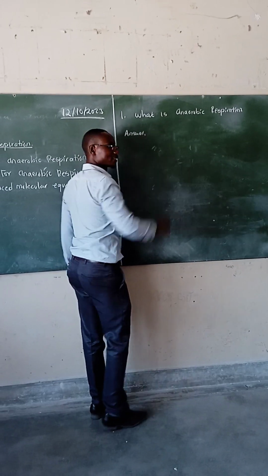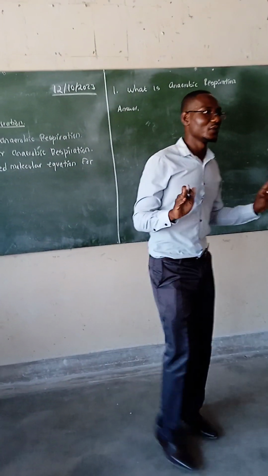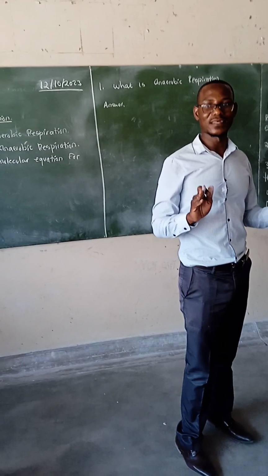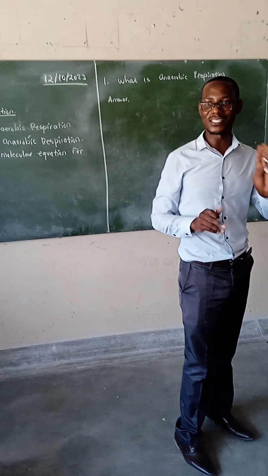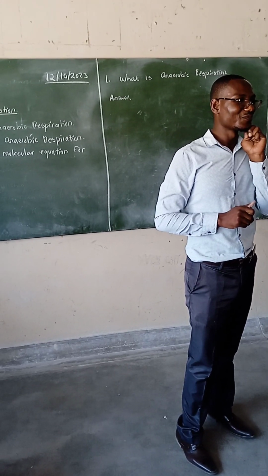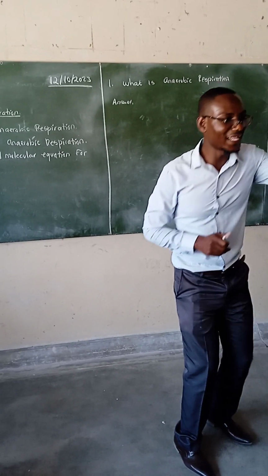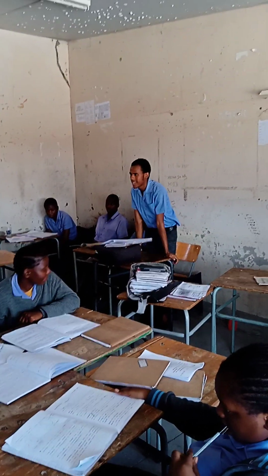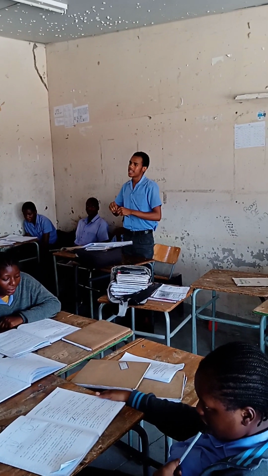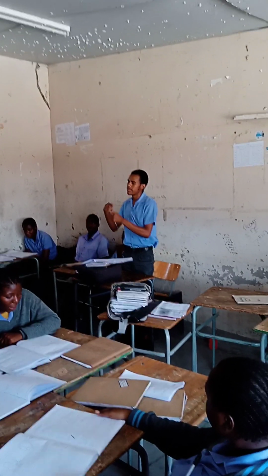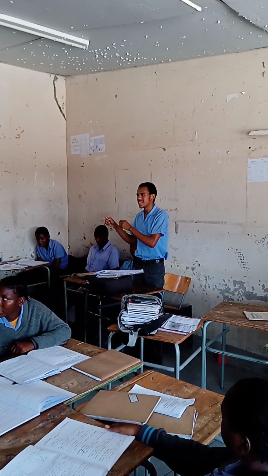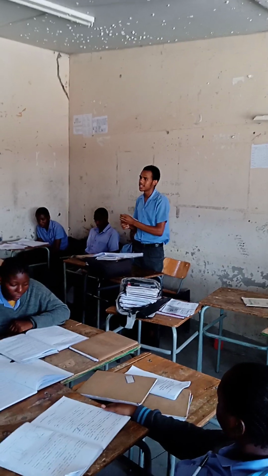For us to be able to answer this, it's very simple. Let's go back to the lesson of yesterday. Yesterday we said aerobic respiration is what? It's a chemical reaction in cells that breaks down nutrients to release energy in the absence of oxygen.